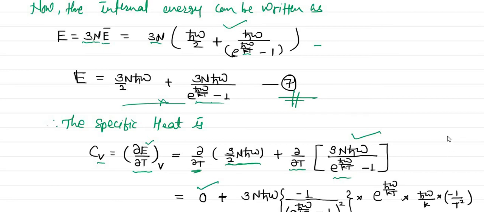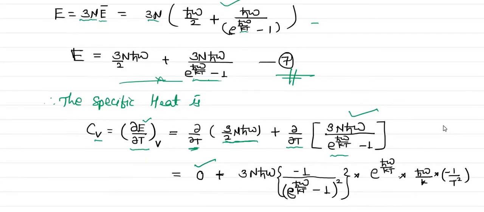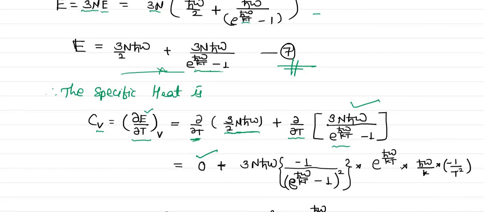In the second term, yes, we have the temperature dependence, so we will take the derivative. 3N h cross omega is constant, taken as it is. Now we have the derivative of 1 divided by e power h cross omega by kT minus 1.